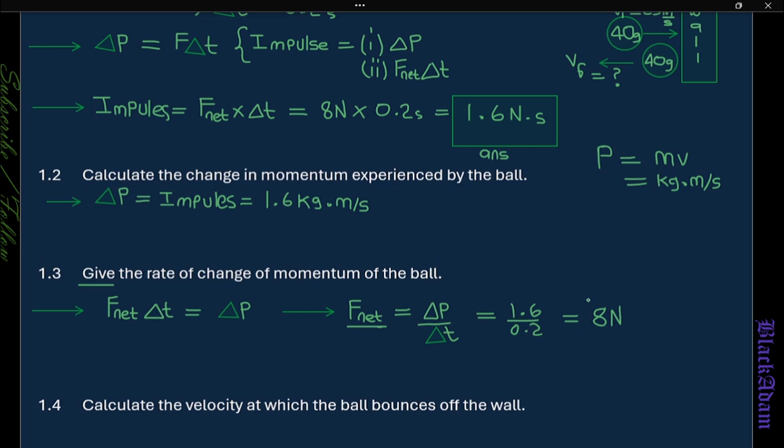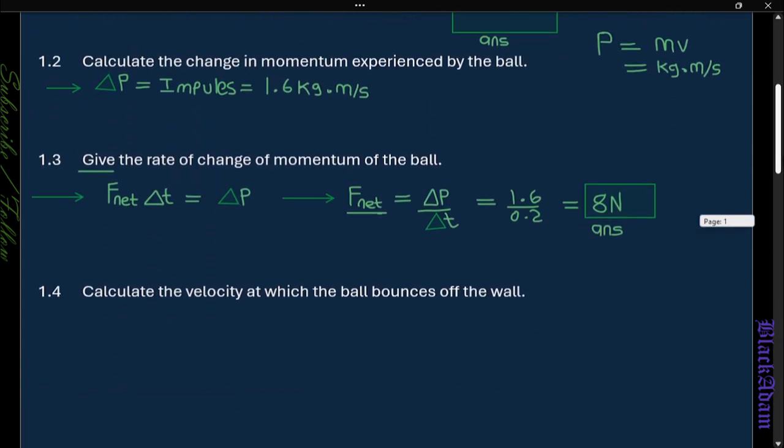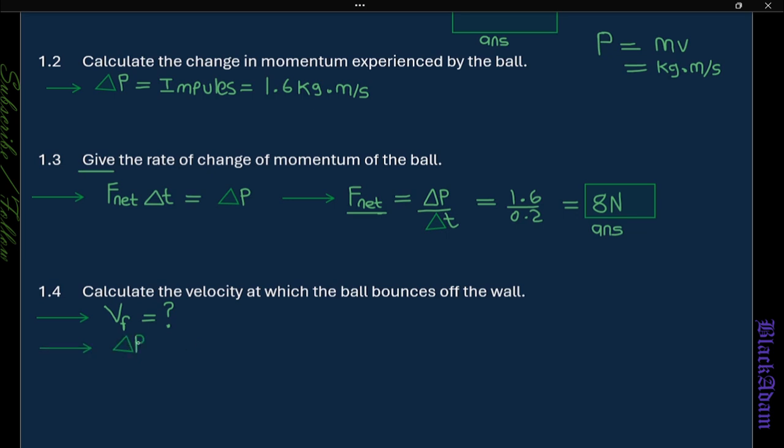That's 1.3. Now we go to 1.4, where it says calculate the velocity at which the ball bounces off the wall. The final velocity we don't know; that's what we need to calculate. Change in momentum is final momentum minus initial momentum, which is mass times final velocity minus mass times initial velocity.